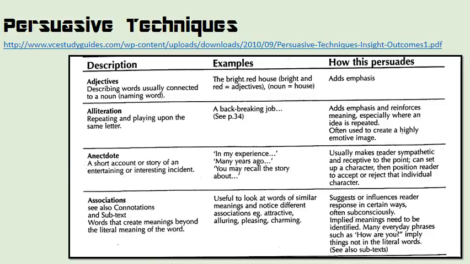But for now, we're looking at alliteration. So it's a repetition of the consonant sound B, which adds emphasis and reinforces meaning. And in this way it creates a highly emotive image. Because when you close your eyes, not only do you have an image of a back breaking, but you have that B, that hard emphasis sound.